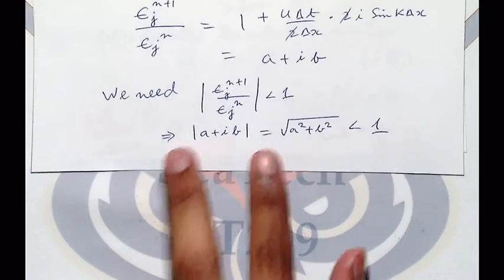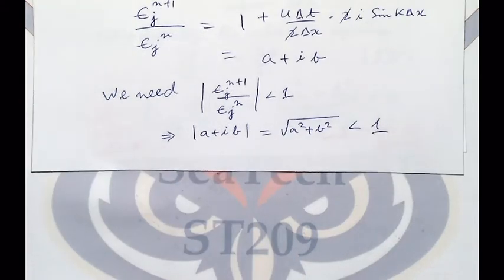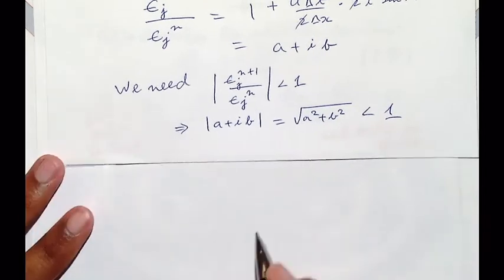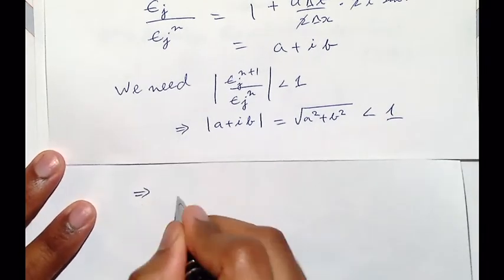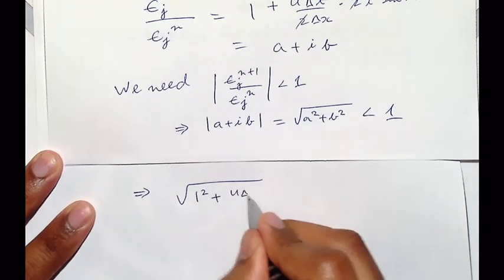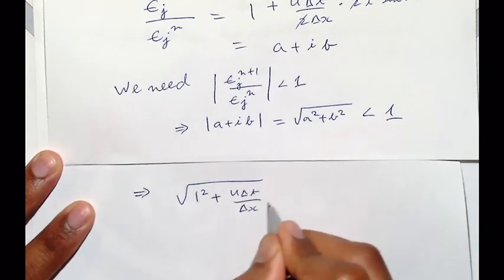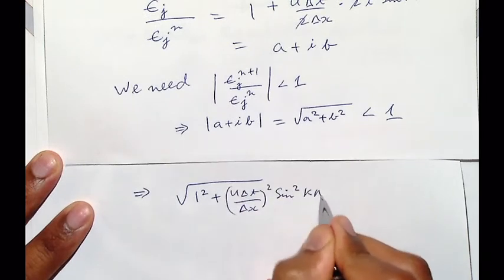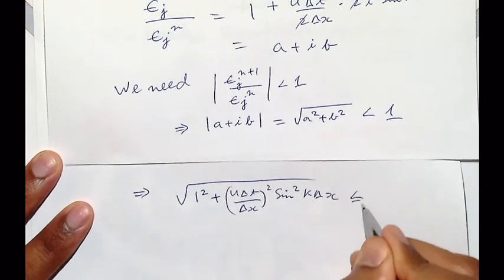Okay? So let's see if that's the case. Square root of 1 squared plus u delta t over delta x whole squared sine squared k delta x should be less than 1. When is this satisfied?